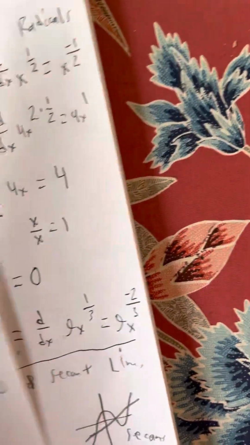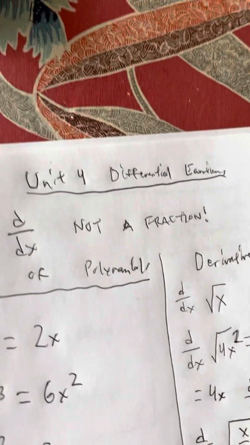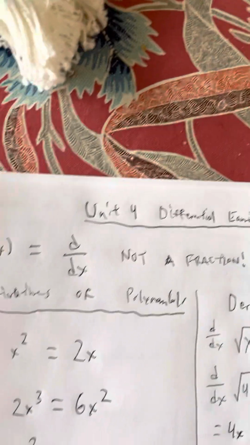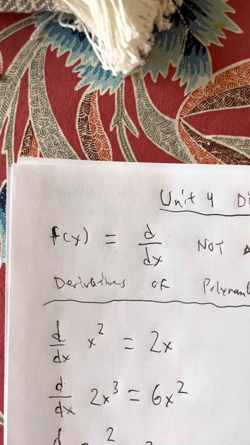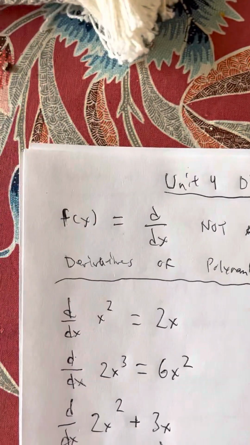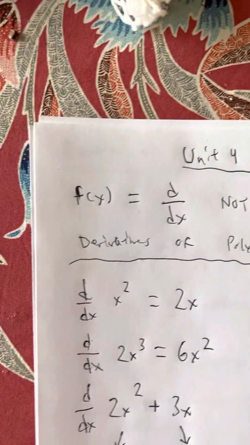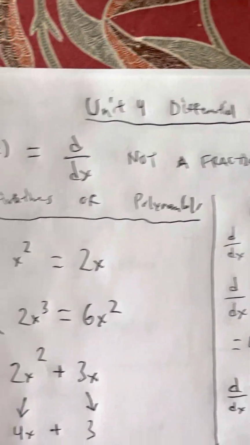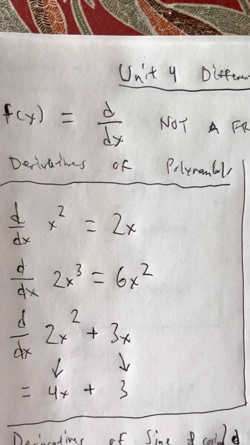And that was Unit 3. This is a much longer unit, so be patient. Unit 4, differential equations. d over dx is not a fraction. Differential equations of polynomials. d over dx of x squared is 2x.